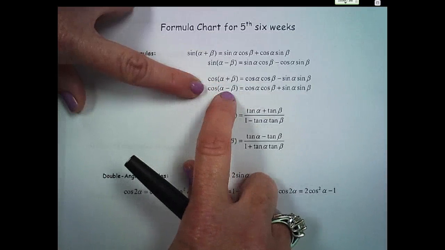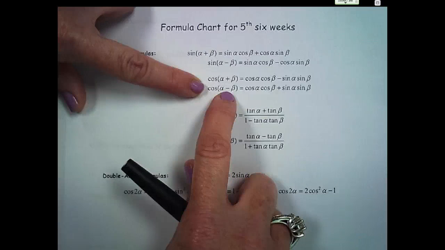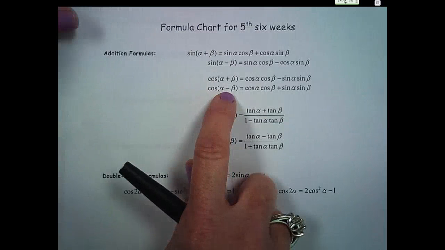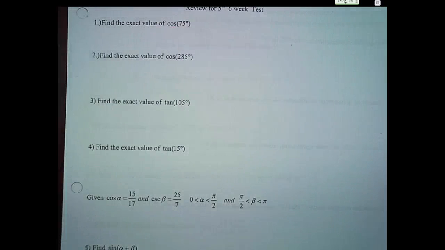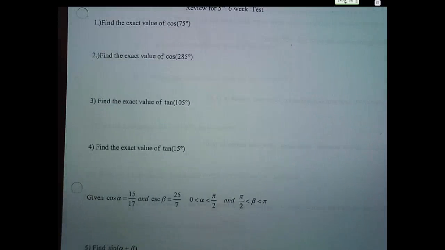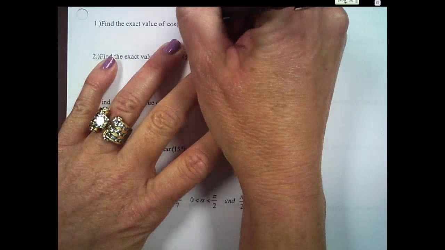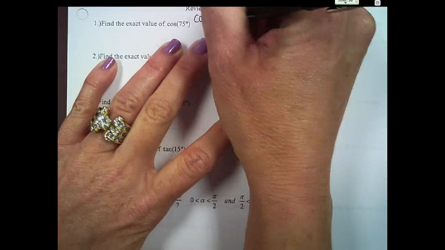It doesn't make any difference, and whichever one you use, you're going to get the same answer, as long as your alpha and your beta add or subtract to get 75. Now, so that we all use the same 2 angles for right now, what 2 angles can you think of that are going to add to 75? 30, 45. Yeah, 45 and 30. So let's start with that. This is the same thing as cosine of 45 plus 30.